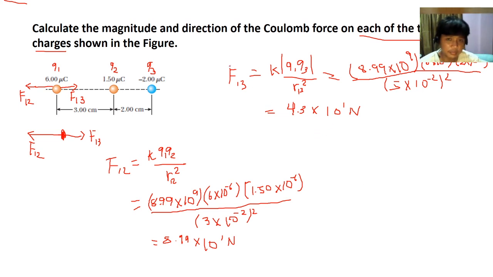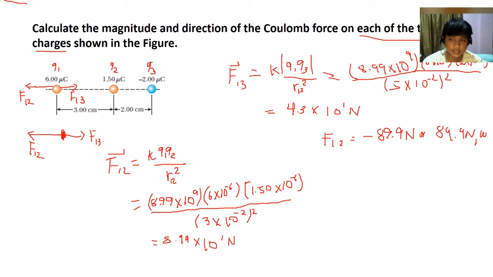Now, since F13 and F12 are vectors, I am going to write F12 as negative 89.9, or 89.9 west.